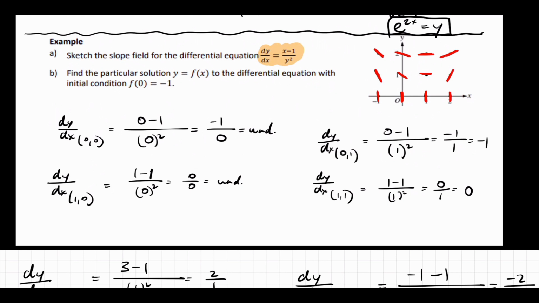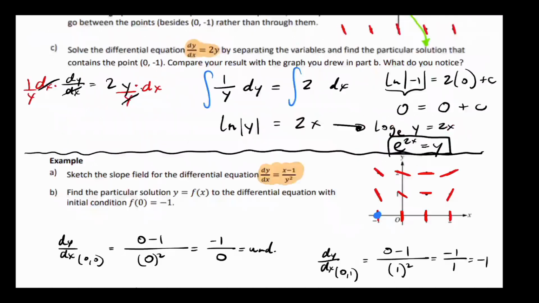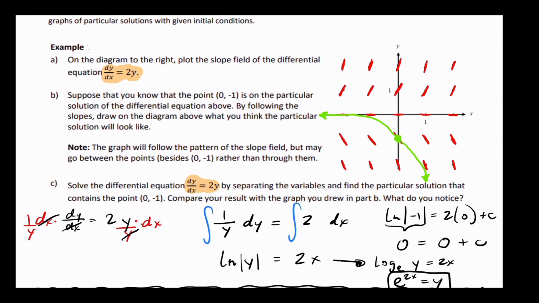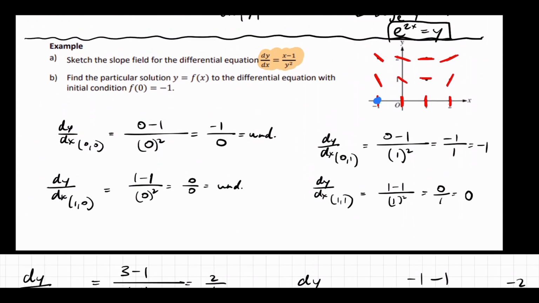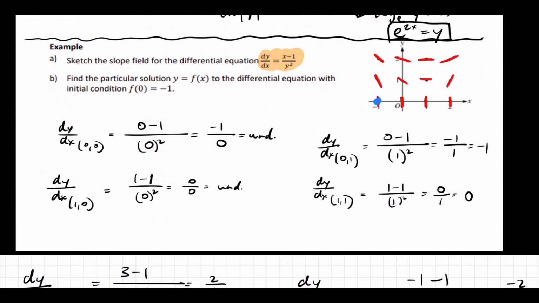Now they want us to find the particular solution when x is 0 and y is -1 at this point right here. Wait, that's not right, is it? 0, -1.